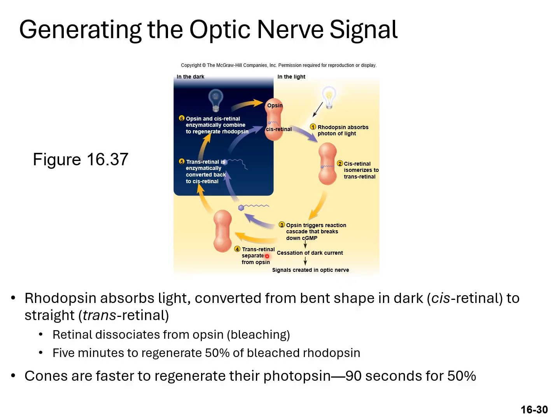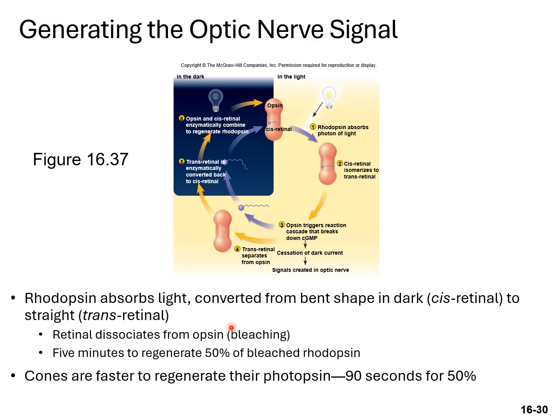Then the transretinol separates from the opsin, is enzymatically converted back to cis-retinol, and then it gets put back into this molecule. So right when photons of light hit it, it changes, and it can then signal the optic nerve to create a signal.